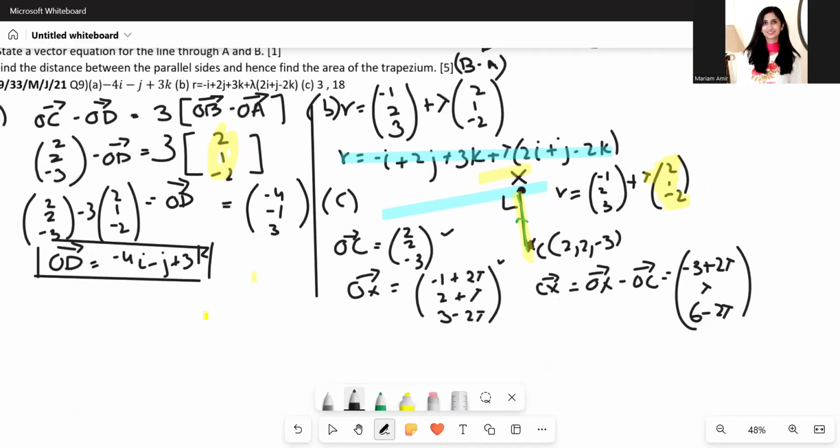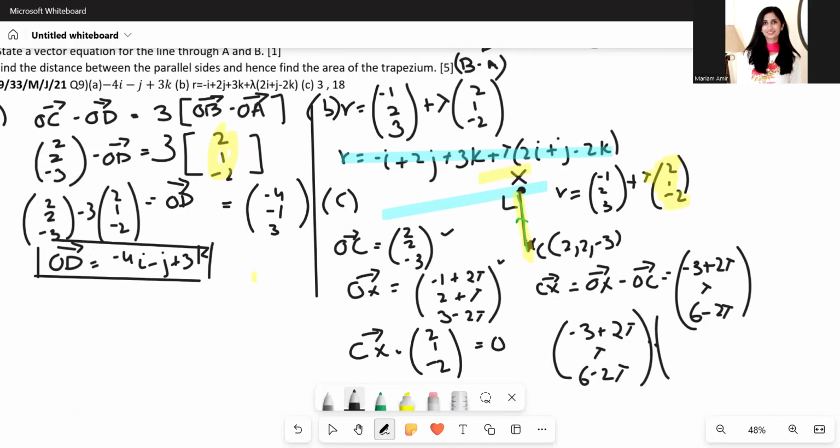So the dot product of (-3 plus 2 lambda, lambda, 6 minus 2 lambda) with (2, 1, -2) should be equal to 0. We will apply the dot product, equate it to 0, and that should give us the value of lambda.